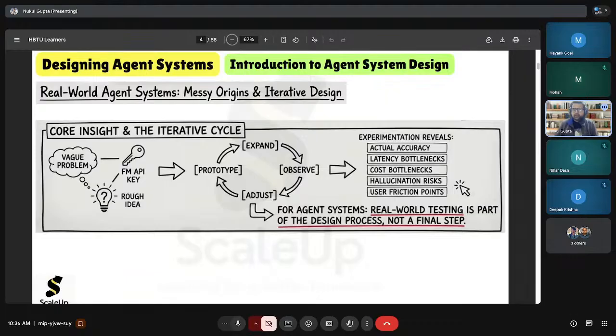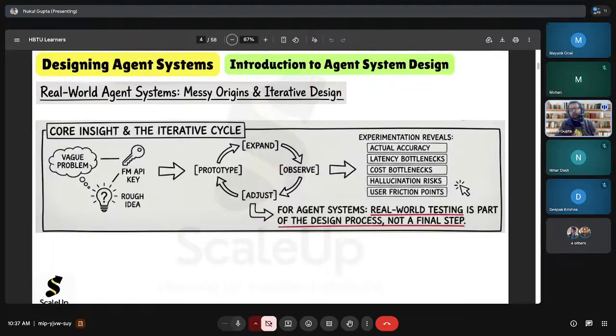We can start with a vague problem or rough idea and follow iterative design, wherein we keep testing. We build a prototype and test it. If it's working, we keep expanding, observing, adjusting, and the cycle goes on. For agent systems, real-world testing is part of the design process, not a final step.